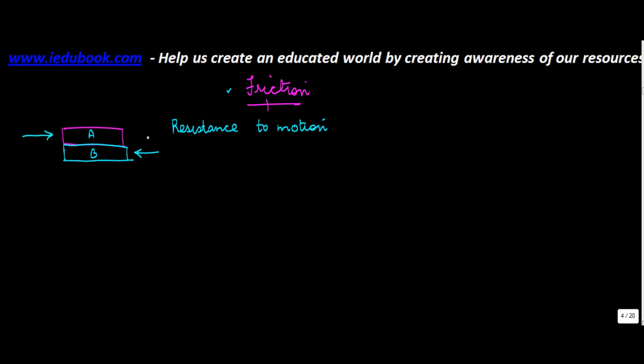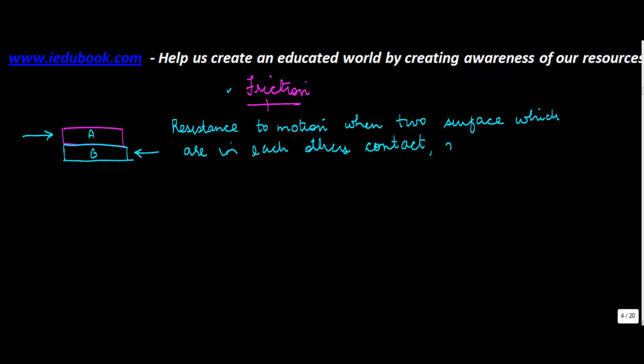So the resistance caused to the motion of A by B and of B by A when two surfaces which are in each other's contact move with respect to each other. So it's the resistance which is caused. Why? Because two surfaces come in contact with each other.